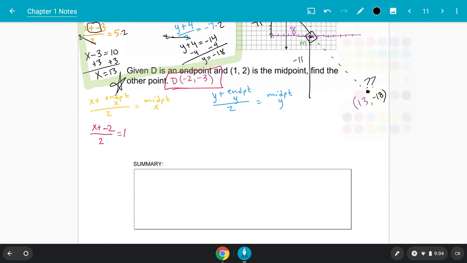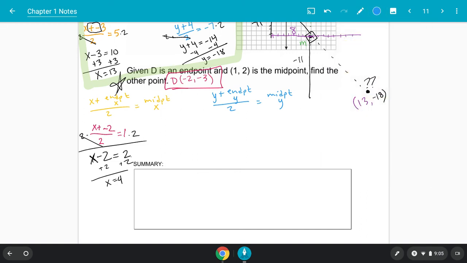So then we'll go through and solve that. You're always going to multiply by 2. So this is going to become just regular x minus 2 equals 2. 1 times 2 is 2. And then plus 2 plus 2, we get x equals 4.